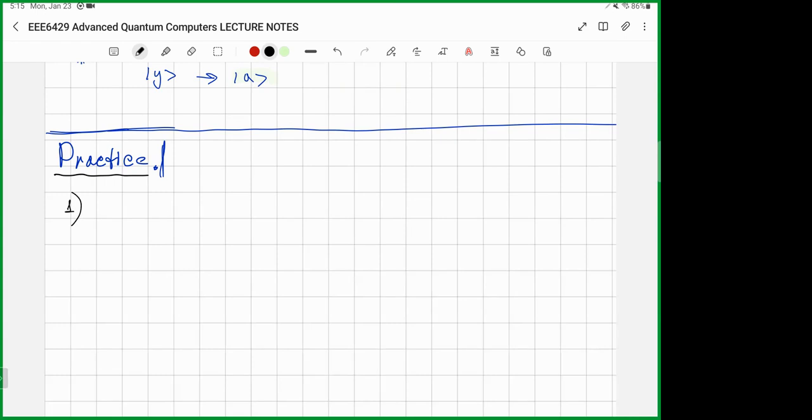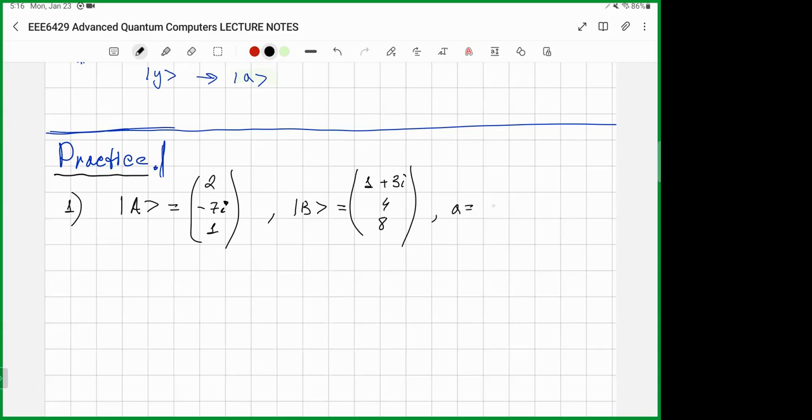For two given vectors in bracket notation, vector A with components 2, minus 7i (i is the imaginary unit), 1, and another vector B with components 1 plus 3i, 4, 8. So two vectors, and also we have a scalar a that equals 6 plus 5i.